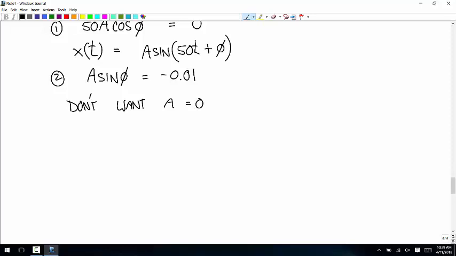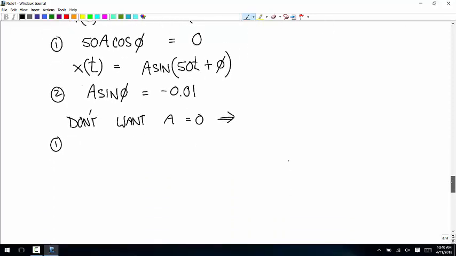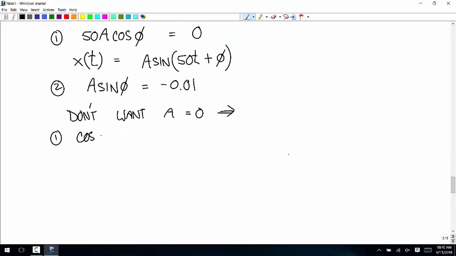So we're going to say that equation 1 is only going to be satisfied when cosine of phi is equal to 0. And when does that happen? Pi over 2, negative pi over 2.